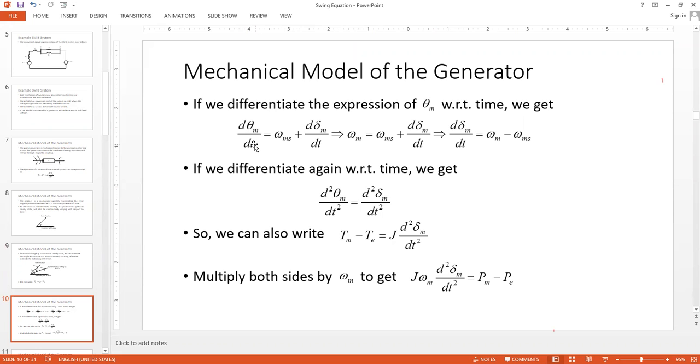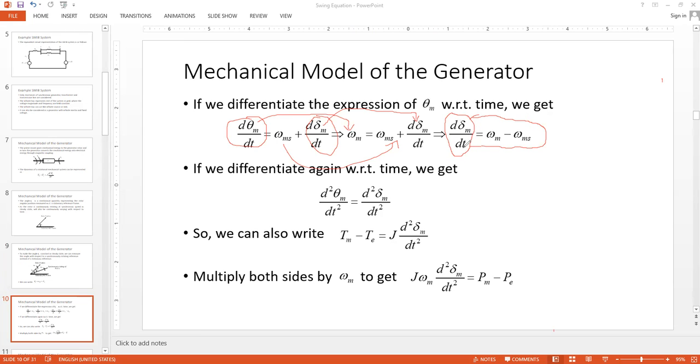Now what is d theta m over dt? As I wrote earlier, d theta m over dt is nothing but omega m. So we keep this omega ms, and we also keep this as it is. And then we simply write what is d delta m over dt. You can see, we can also get it in this way. This is already I mentioned.